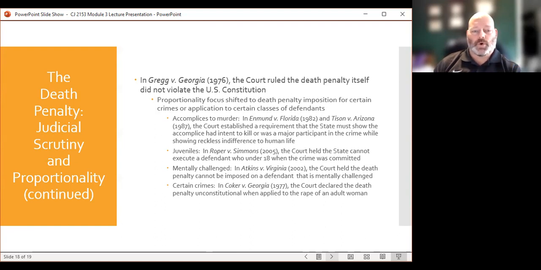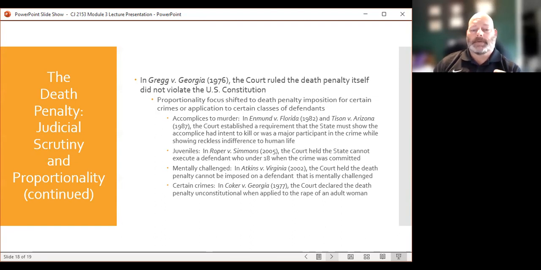Classes of defendants were challenged in Roper versus Simmons in 2005 and Atkins versus Virginia in 2002. So in Roper, the court held that the state could not execute a defendant who was under 18 when the crime was committed. And then Atkins held that the death penalty couldn't be imposed on a defendant that was mentally challenged.